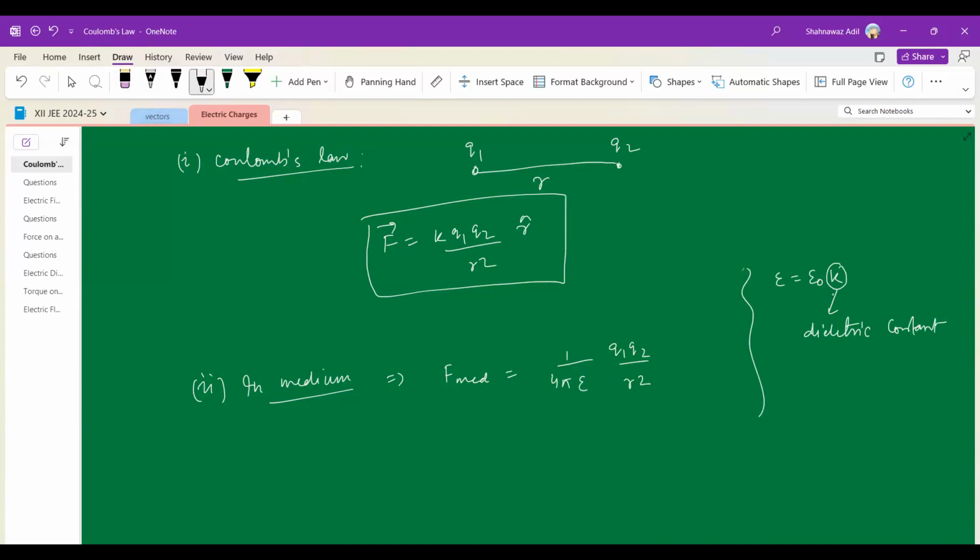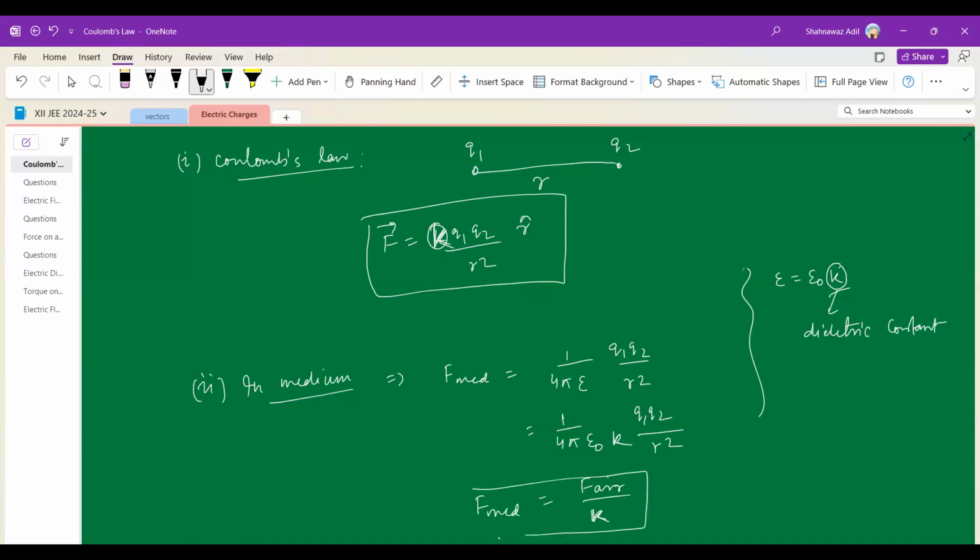So Coulomb's law depends upon the medium also. This will be 1 by 4 pi epsilon naught K, and then Q1 Q2 by R square. Remember, this small k is different from the K in the constant. So this is F air divided by K, where K is the dielectric constant.